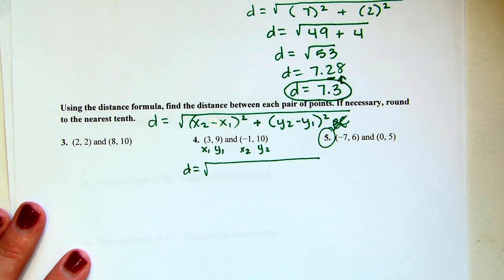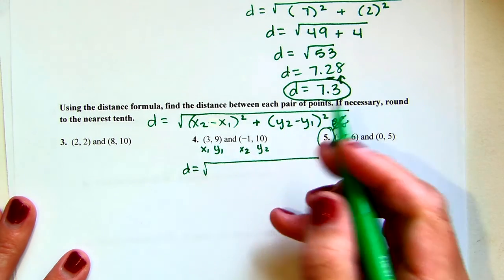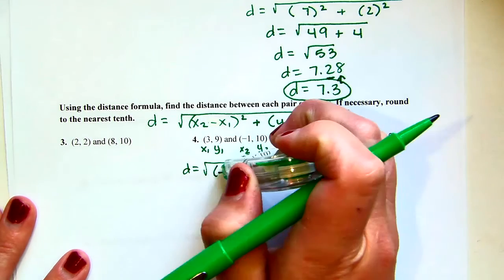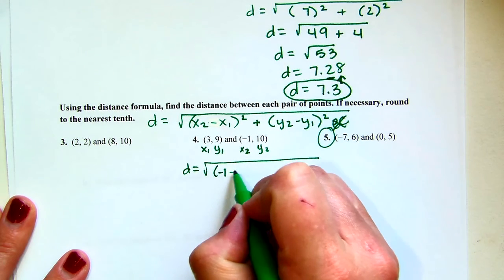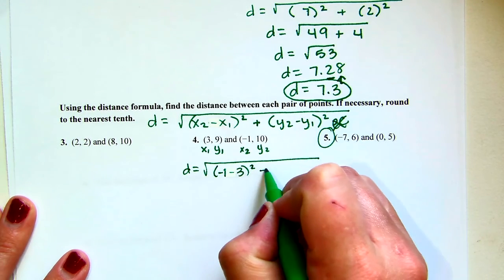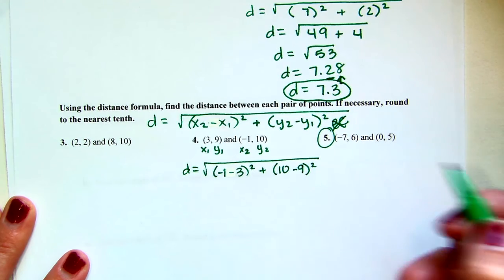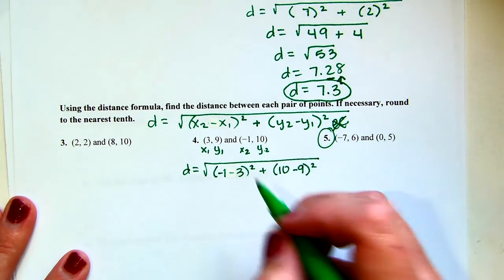So here, I'm going to go negative 1 minus 3 in parentheses. Whoop. Brain fart. Negative 1 minus 3 in parentheses squared plus 10 minus 9 in parentheses squared. Okay, because that's y2 minus y1. Next, negative 1 minus 3, that's negative 4.